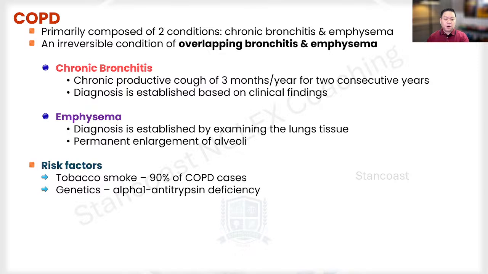Now, genetics can also play its role, specifically when there is a deficiency in alpha 1 antitrypsin. And this genetic risk is even higher if the person smokes. Now, environmental factors can also contribute to COPD, and namely pollutants like secondhand smoke.